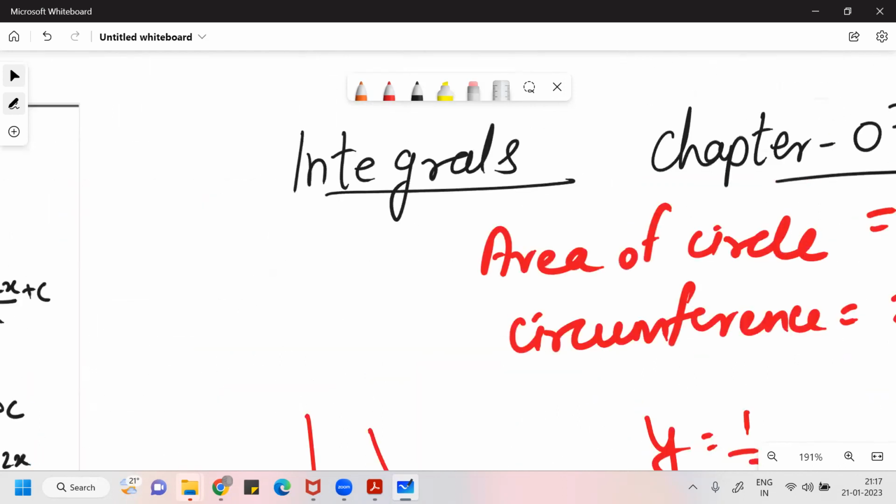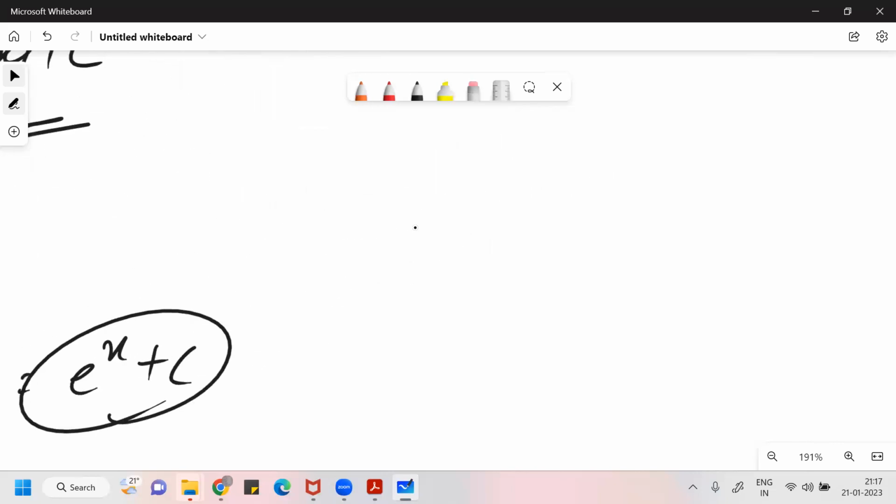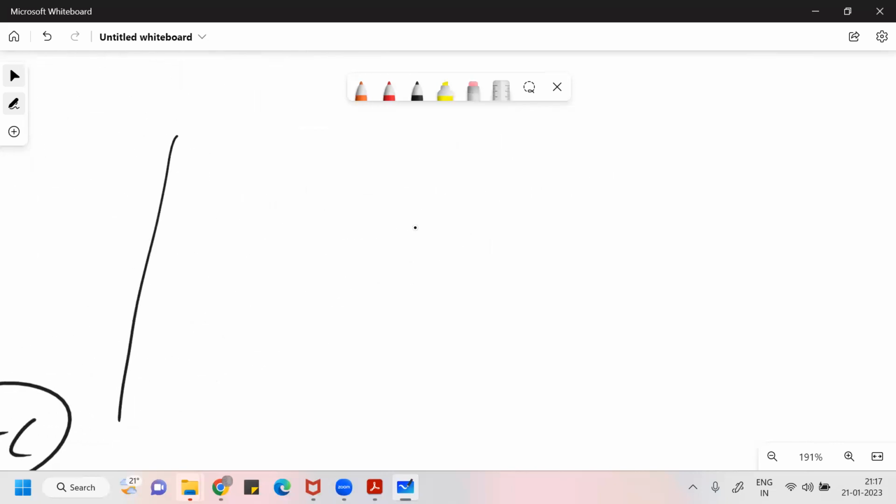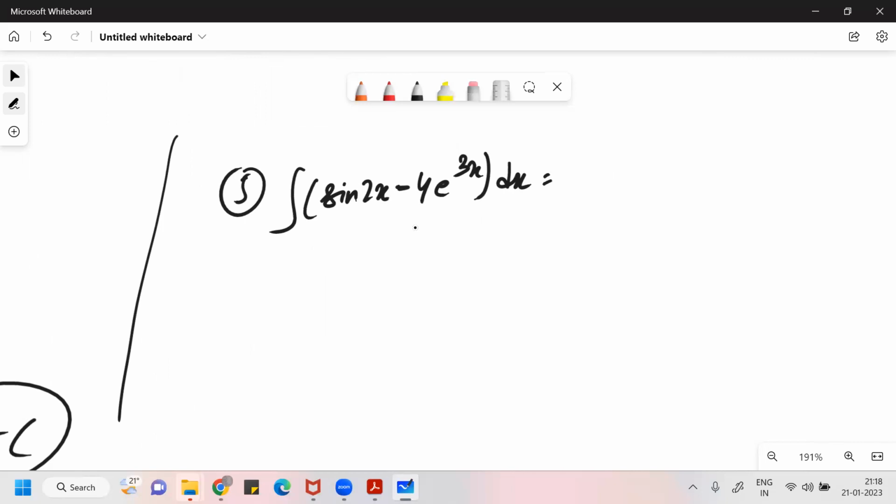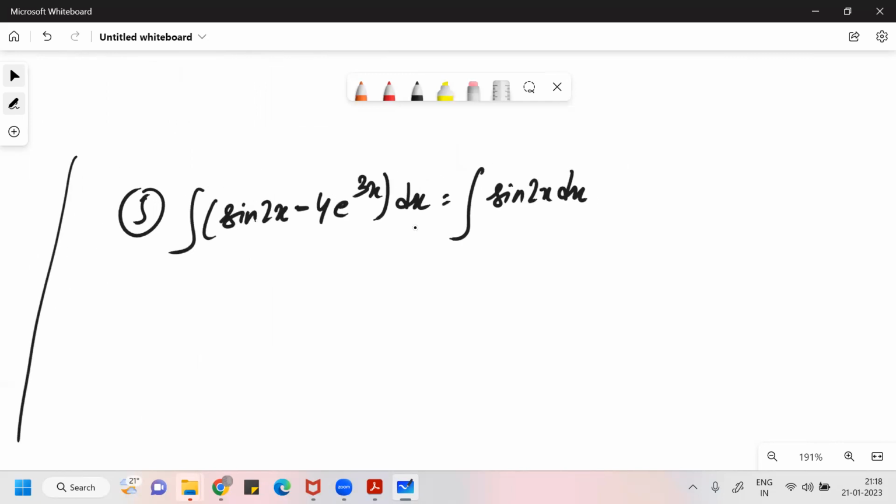So question number 5 is like this: the integration of (sine 2x minus 4 e to the power 3x) dx. You can write this as the integration of sine 2x dx, then minus the integration of 4 e to the power 3x dx.